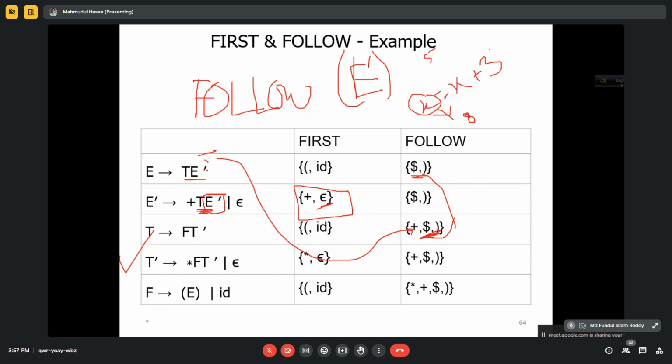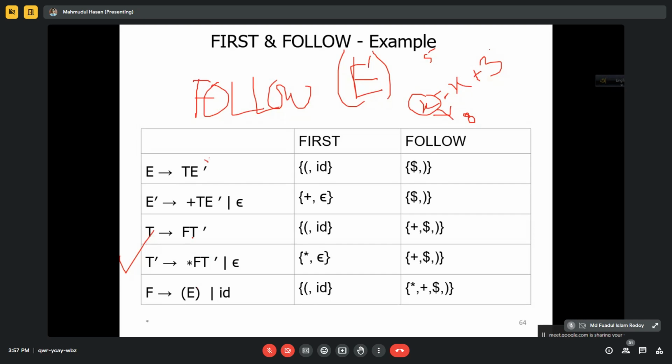There is T E dash after T, so there is also E dash after T. So this scenario we have done already. That's why no need to consider this one again. If you consider this one, the same value will come, and no need to write the same value more than once. Got it? Yes, sir. So look at the T dash. How many T dash in the right hand side? So 2. Just a minute.